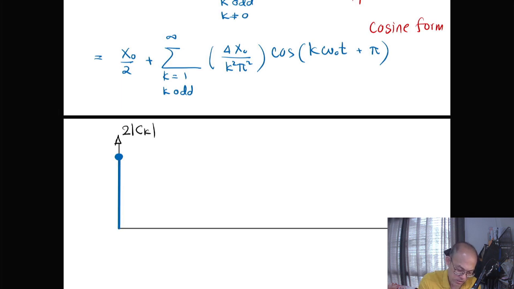This is x0 over 2, and for k equal to 1, I have 4 over pi squared, and that is 0.41. This is when omega equal to omega 0.